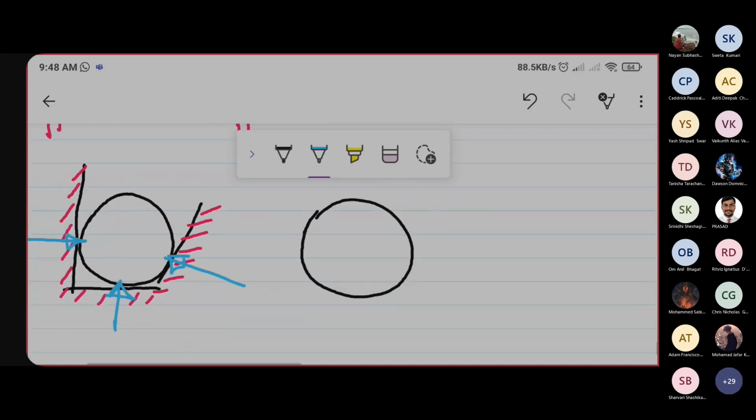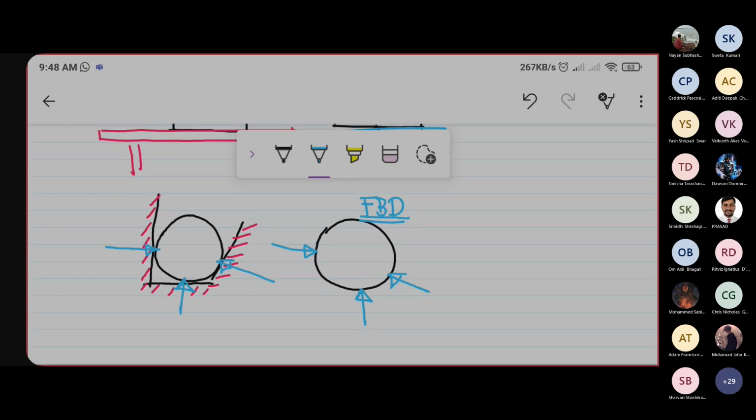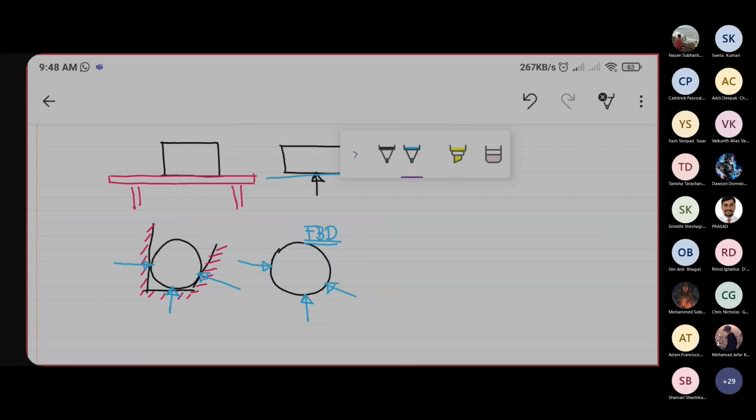So we can draw this here also. So this diagram is called a free body diagram, that is free from all supports. You understood this? How to draw a free body diagram? Yes, everyone, this is important.